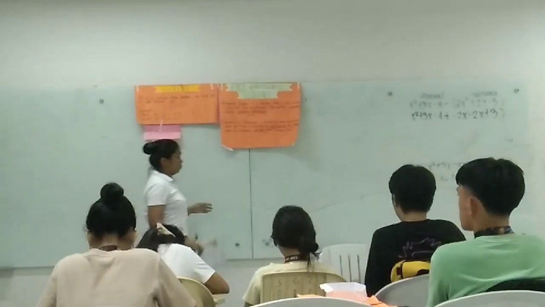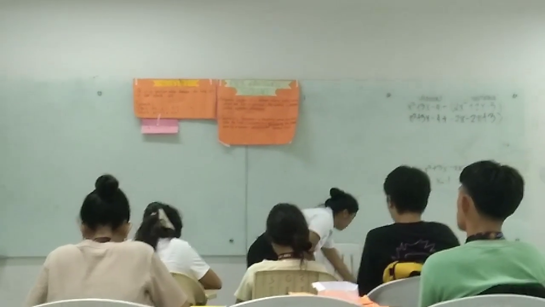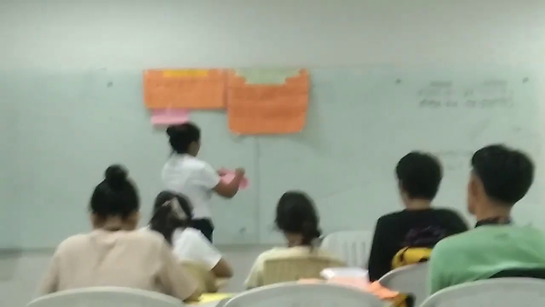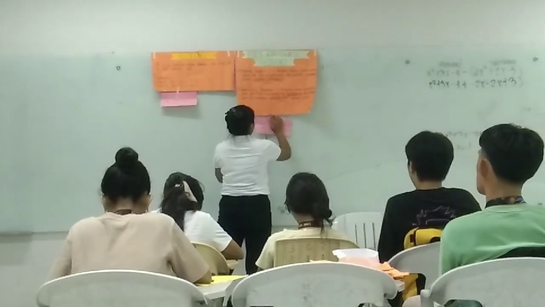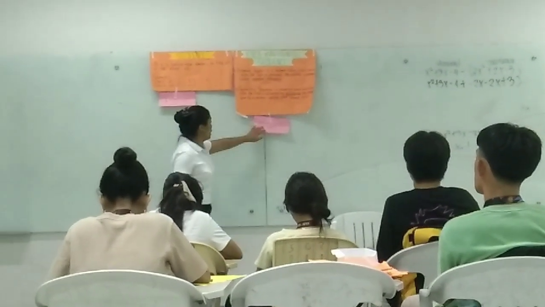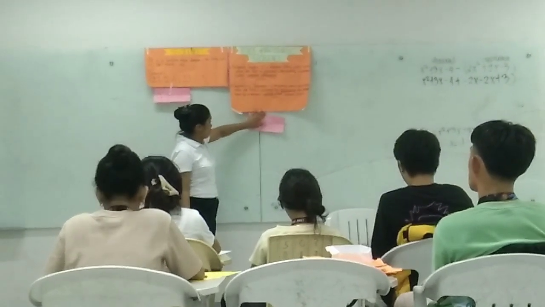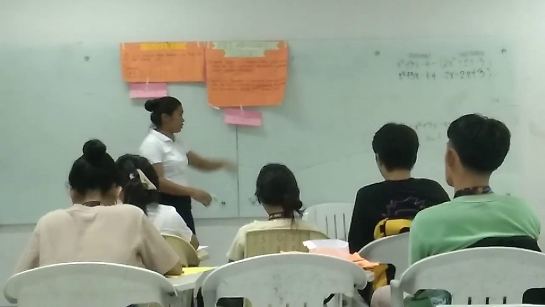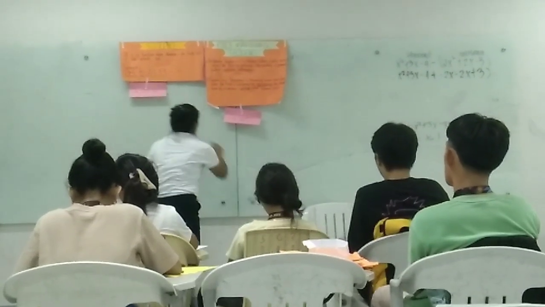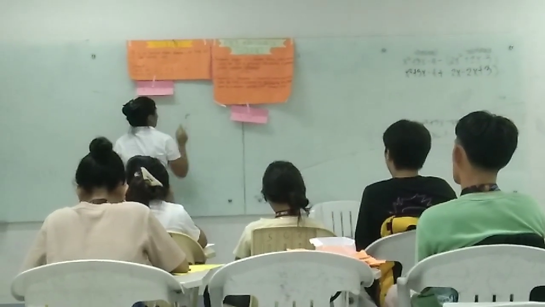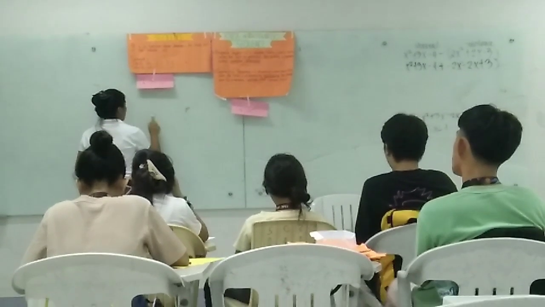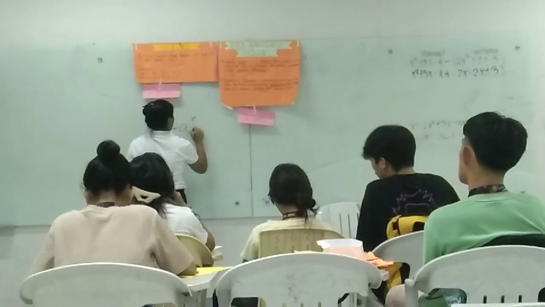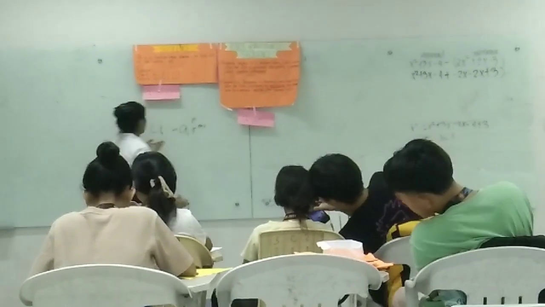So the formula for finding a term of a geometric sequence is this one: a sub n is equal to a sub 1 times r raised to n minus 1. The common ratio in a geometric sequence is denoted as r. So this will be the formula.